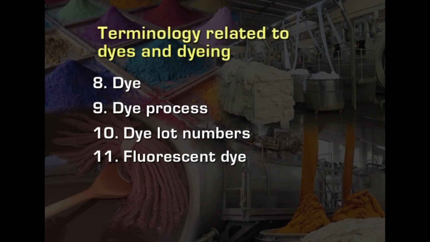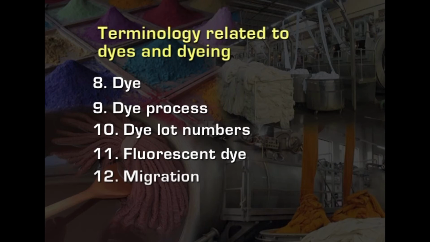And fluorescent dye, that means that it glows under ultraviolet rays and it absorbs light at one wavelength and then re-emits that energy at another wavelength. These dyes are used in safety clothing to increase the visibility. Then migration, that is shifting of color to the surrounding area or to an adjacent surface.